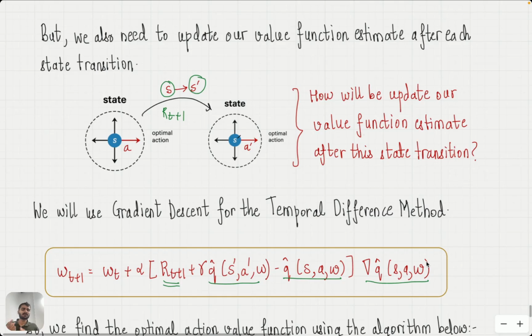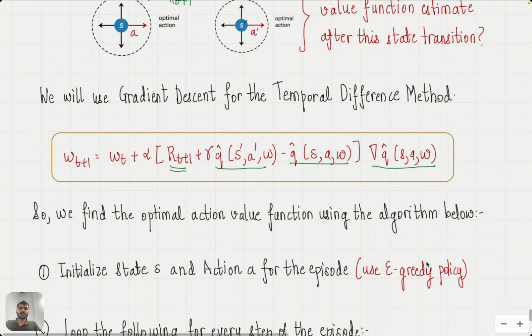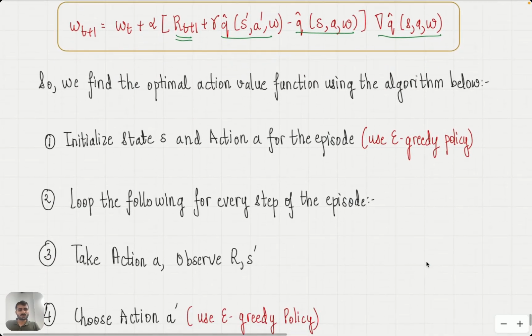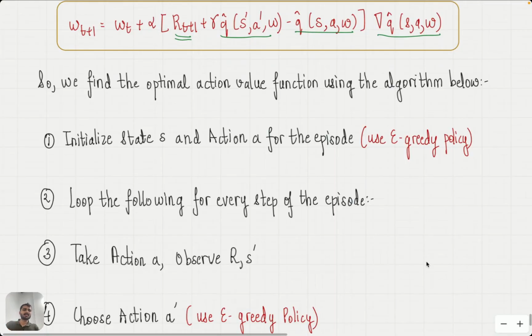We have used two things here. Firstly, we have used the gradient descent rule for the temporal difference method, and secondly, we have also used the fact that when we are transitioning from state S to state S dash, we will be making an immediate update. So now the algorithm follows from both the epsilon greedy policy and this weight update rule.